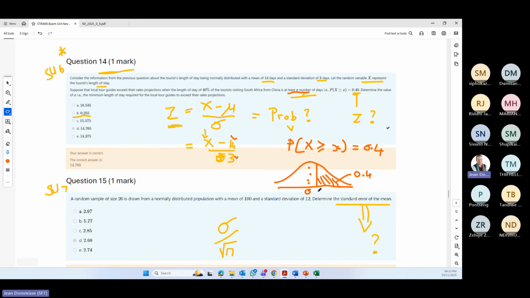Z is going to be bigger than 1, but 40% is sitting in this space. So what is left in this area? If that is 40, what is left in this area is 60. So I'm going to look for a Z that covers on my positive table 60%.